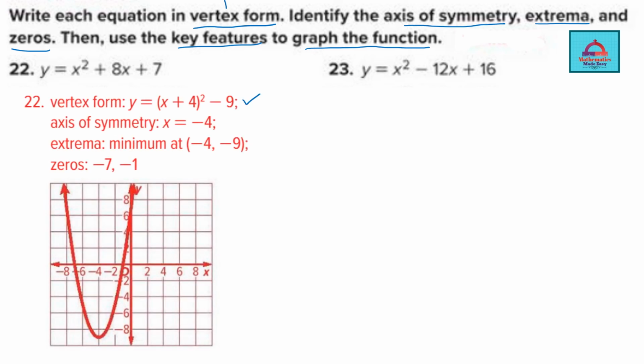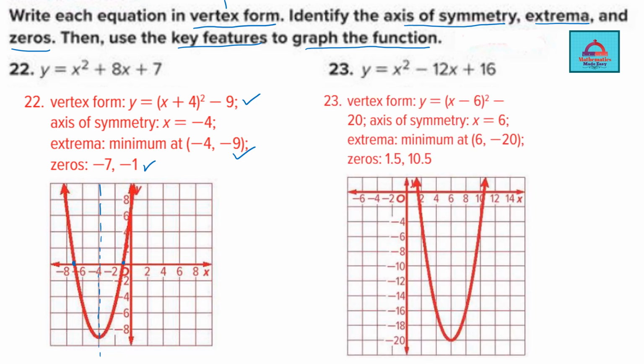So the vertex will be negative 4 and negative 9 here coming from the equation. Axis of symmetry would be x plus 4 equal to 0 coming from here, and you can see from the graph, if you draw at minus 4 the vertical line, it divides the parabola into equal parts. The zeros or the solution are this, so minus 7 and minus 1. The parabola is upward parabola passing through these 2 points.